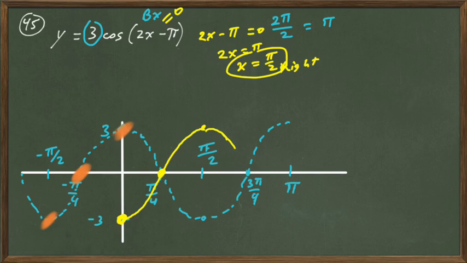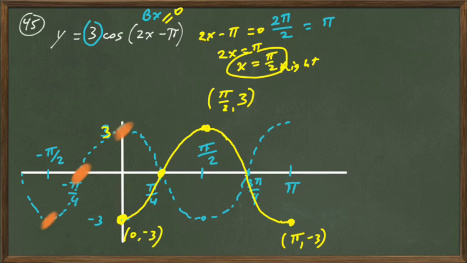I believe it's going to look something like this. So what's this maximum? Pi over 2 comma 3, because it does go up to 3. This would be pi, negative 3 as a minimum, or 0, negative 3 was a minimum. So it's just like a sine wave, but it's cosine. It just starts in a different position. You can always turn a sine into a cosine or vice versa just by using a proper phase shift.